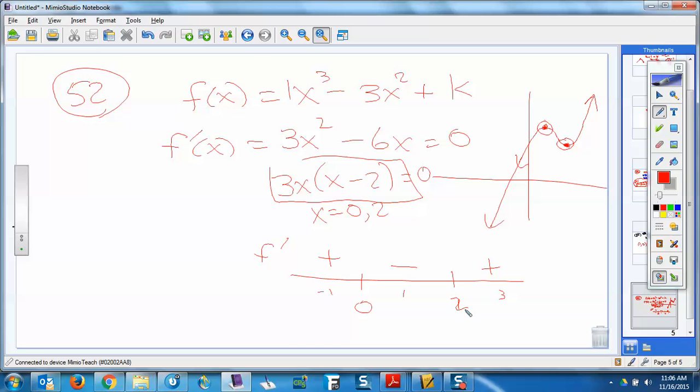Now, but that's only part of the scenario, right? What do I need to know about that local min? When I shift that down, I need to know when it does what? Just touches. Which means it has an output of 0. When it touches the x-axis, it's got to have a y value of 0.